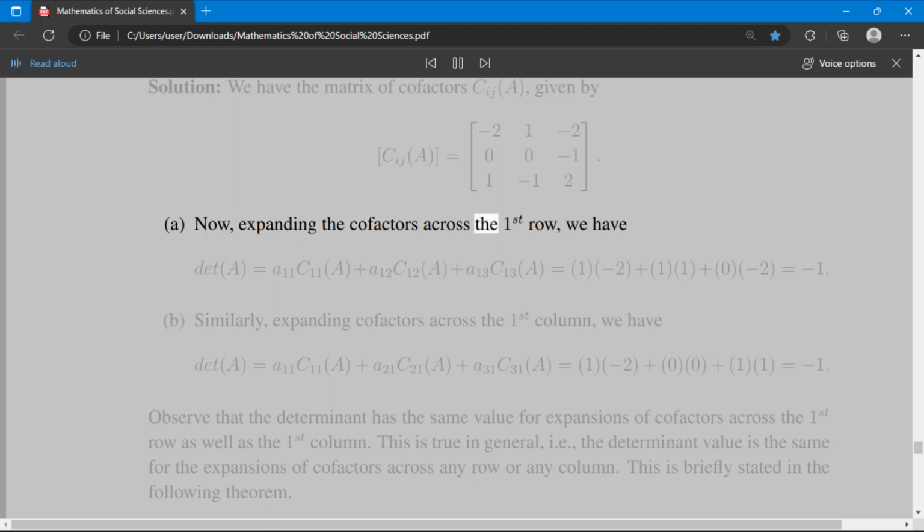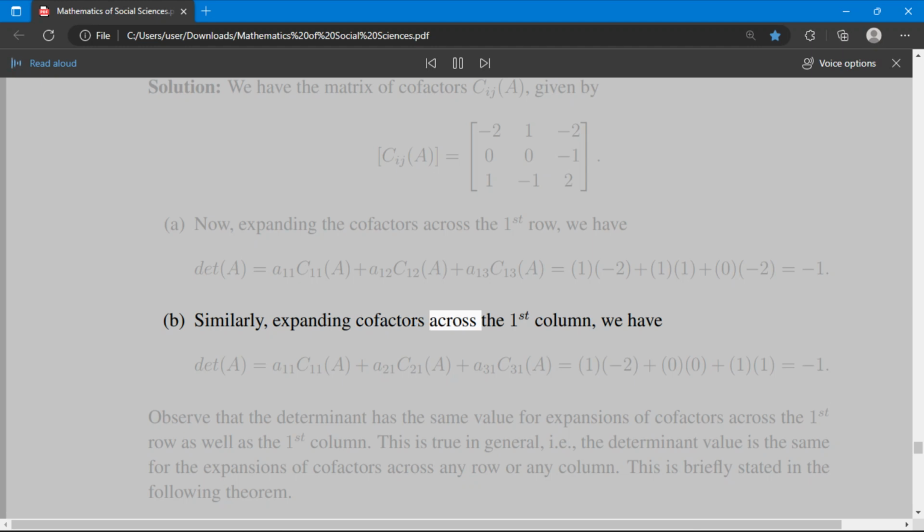A. Now, expanding the cofactors across the first row, we have det A = a11 C11(A) + a12 C12(A) + a13 C13(A) = 1·(-2) + 1·1 + 0·(-2) = -1.